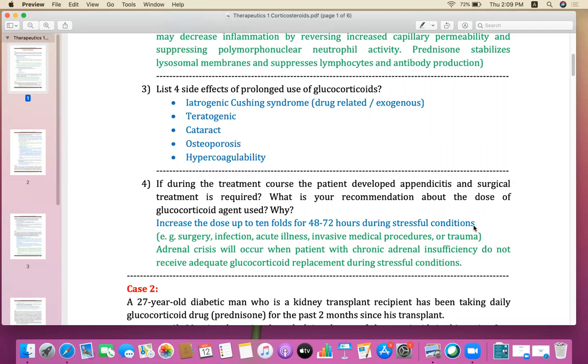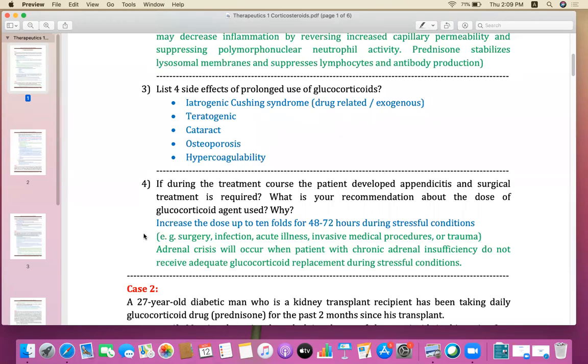So we have to increase the dose up to 10 fold to avoid adrenal crisis. Here, what are the stresses? Surgery, infection, acute illness, invasive medical procedure, trauma.